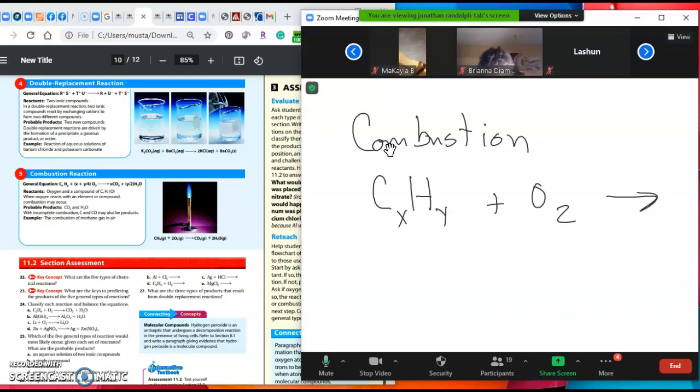It's going to end up yielding H2O plus CO2. Carbon dioxide and water is what you end up with as your products in a combustion reaction.